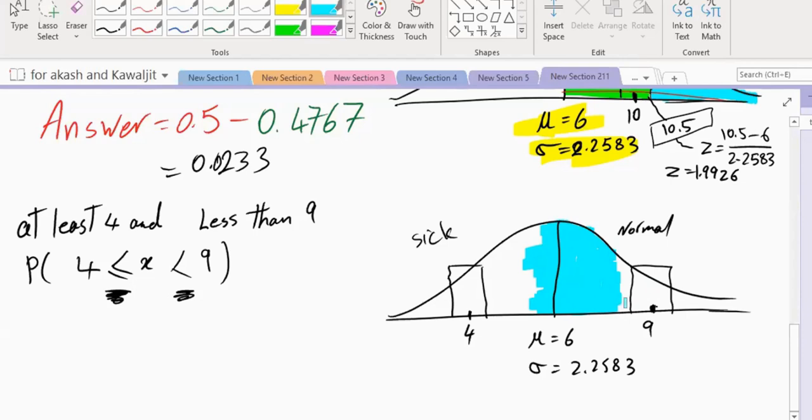No. Then I go to this side. Should I include 4? Yes. Should I include half of it or all of it? All of it, of course. And then I think about my boundaries.